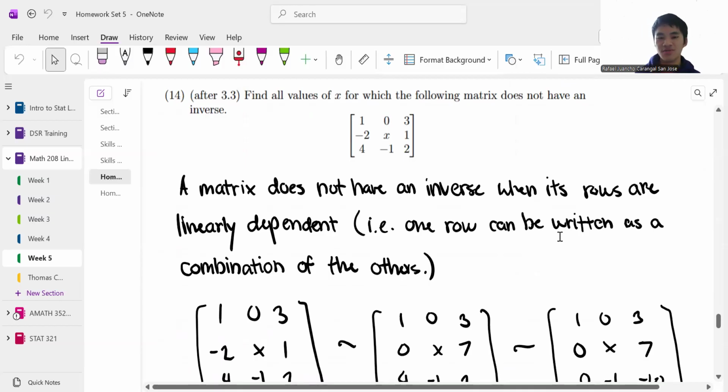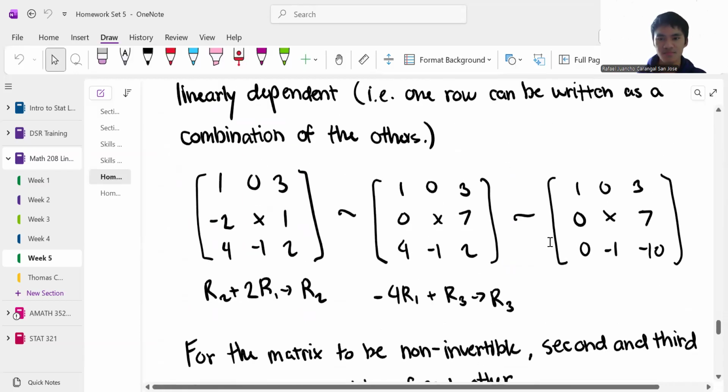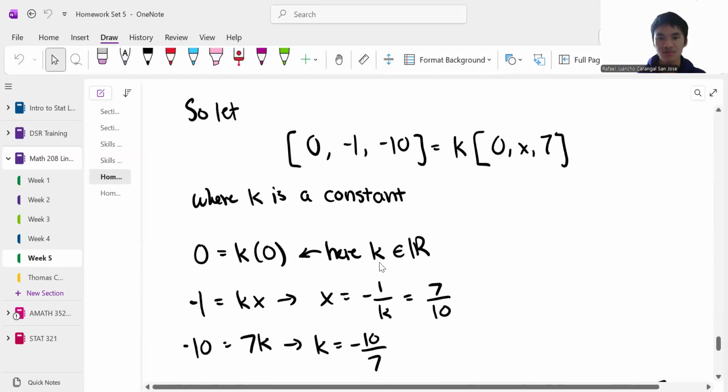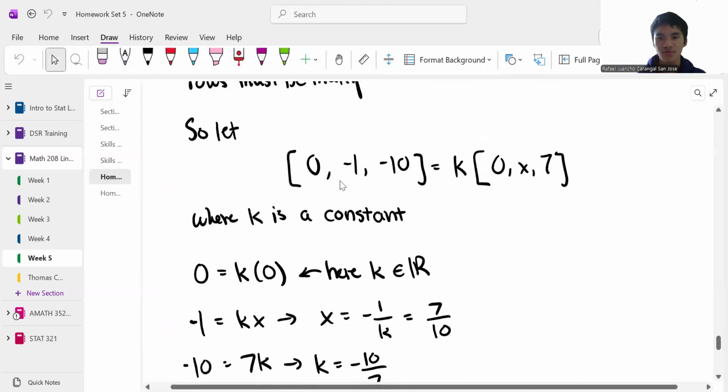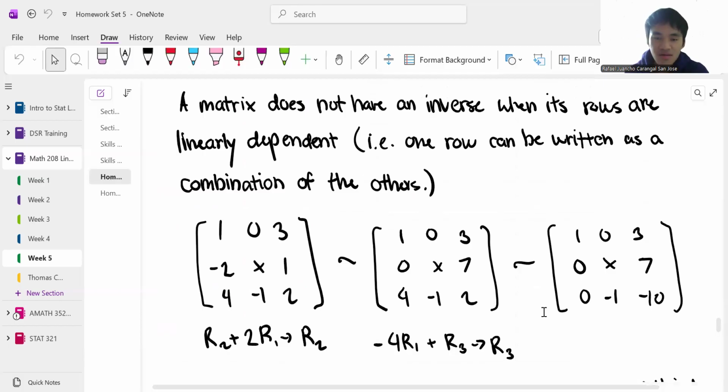What does this mean when its rows are linearly dependent? When we look at their rows, let's say it's in echelon form, we can write a linear combination of one of the rows to the other. We can think of them as row vectors in this case.